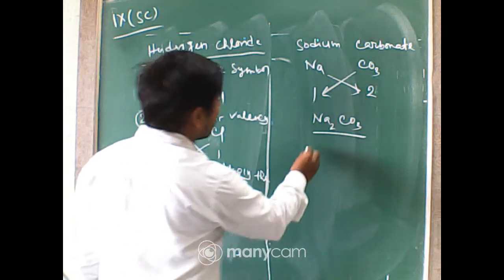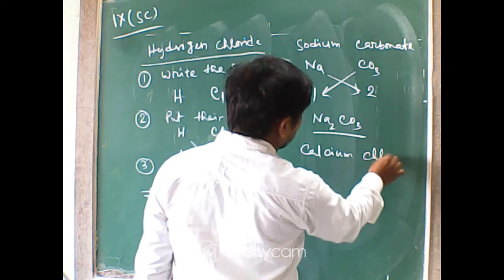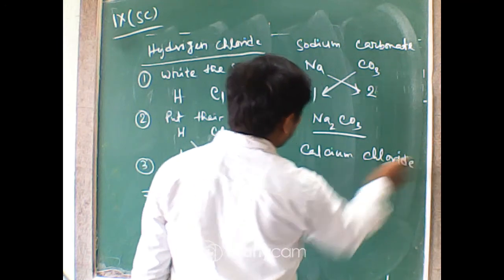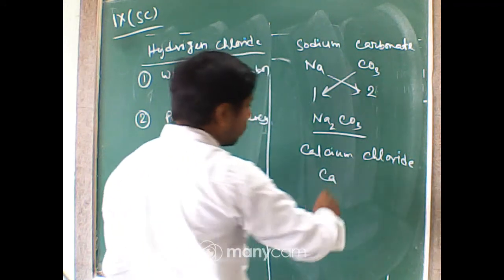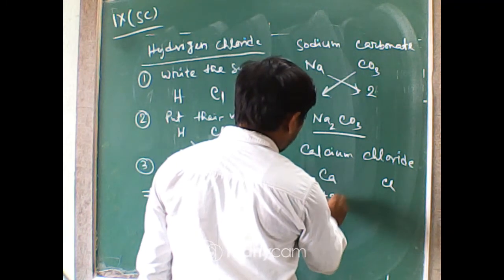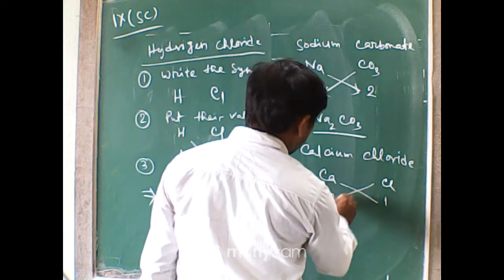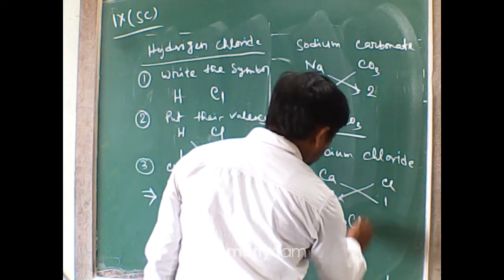Number 3, calcium chloride. So first of all, write down the symbols, calcium and chlorine, then put their valencies, it is 2, it is 1. Now cross multiply, CaCl2.